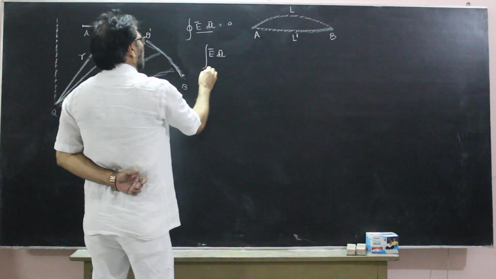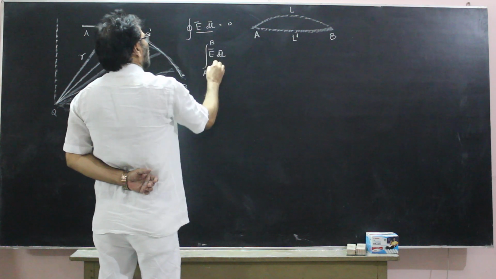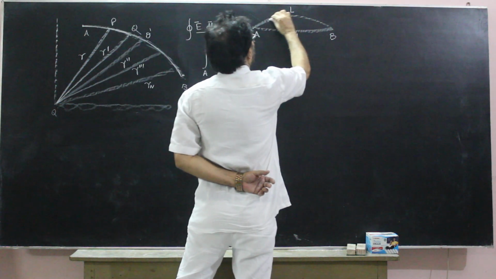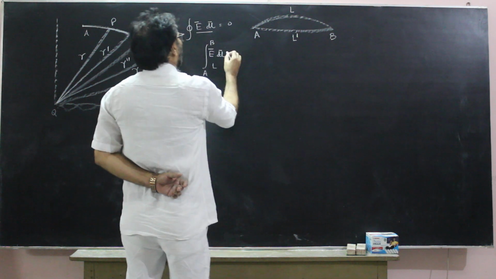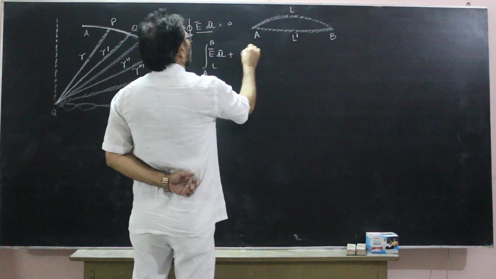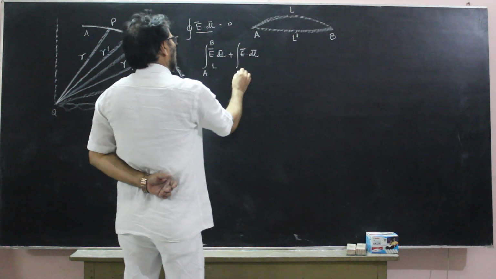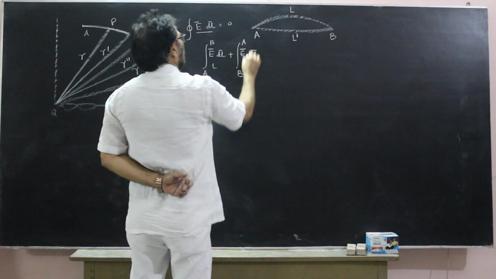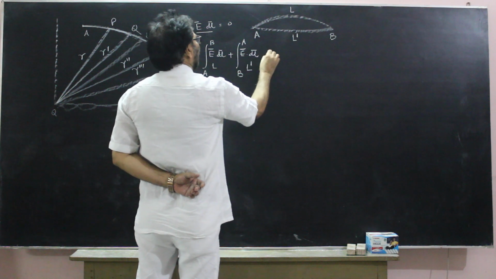E dot dl from A to B through L, इस रास्ते से गए, plus E dot dl from B to A through L dash and that is 0.